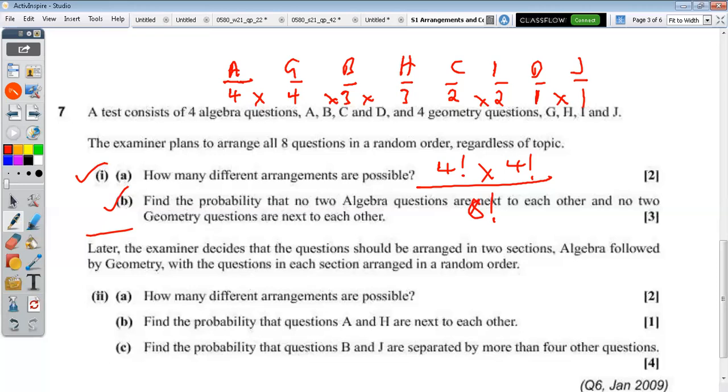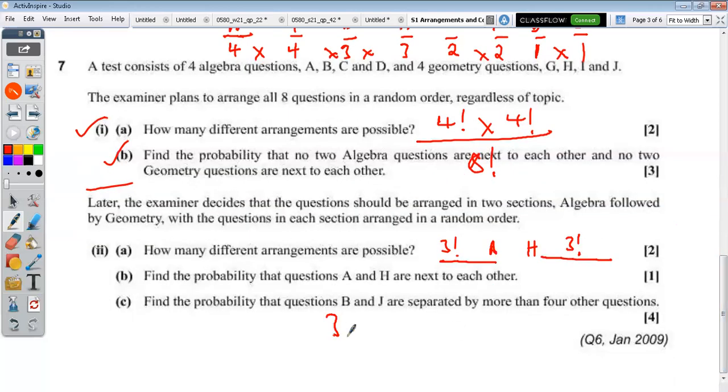Okay. Now find the probability that the A and H are next to each other. Just the same way we did that, the A has to be at the end. Yeah. And the H has to be at the start, remember? Then we had said the other 3 factorial here, the other 3 factorial here, if you remember that at the geometric end.